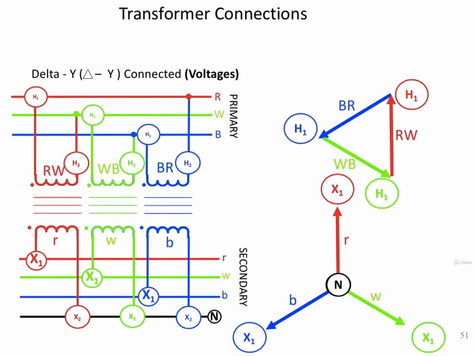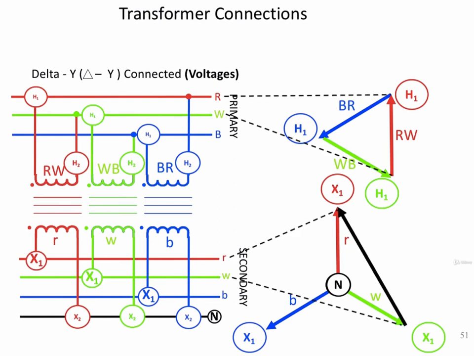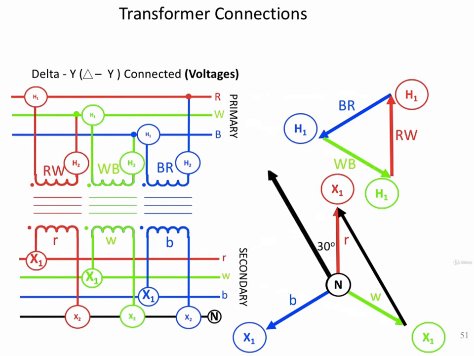I'm now going to compare the phase to phase voltages of the primary and secondary of this transformer. And I'm only going to look at the red phase transformer because the white and the blue are virtually the same. Because of the phase relationship, and looking only at the secondary side of the transformer, we know that the phase to phase voltage will lead the phase to neutral voltage by 30 degrees.